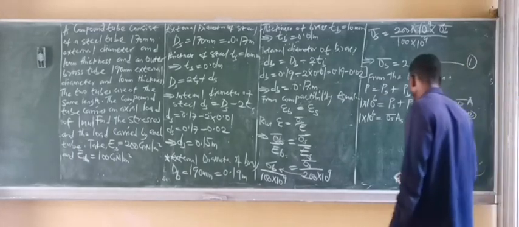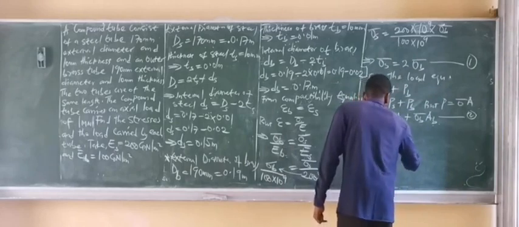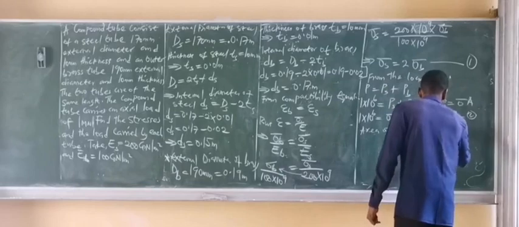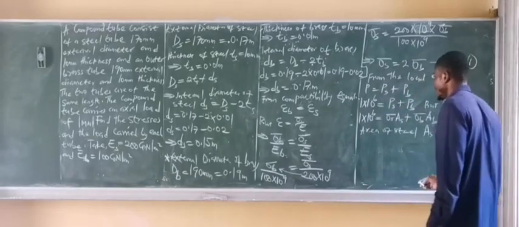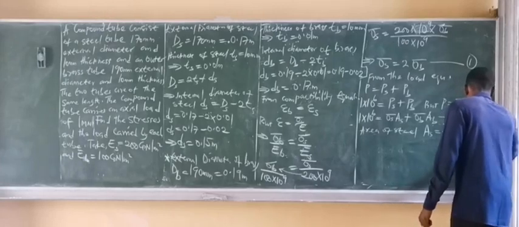Area of steel, A_S, is simply pi over 4. Since it has both internal and external diameter, it becomes external diameter square minus internal diameter square.